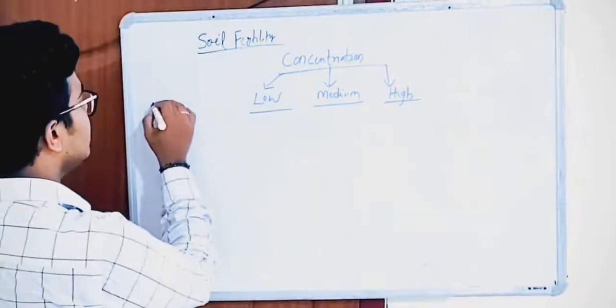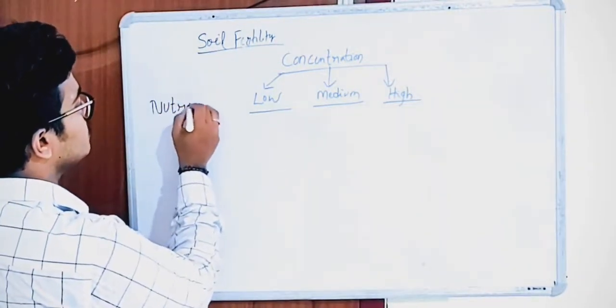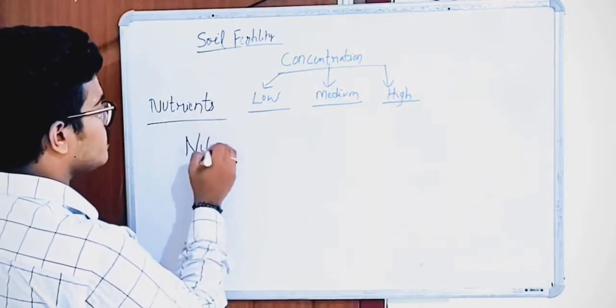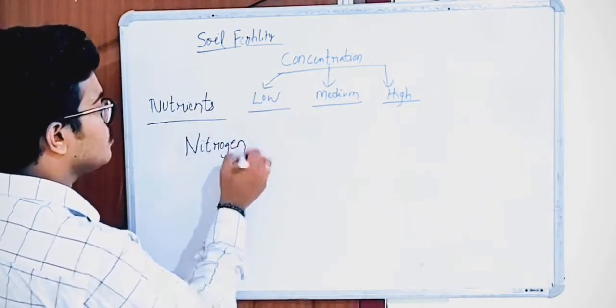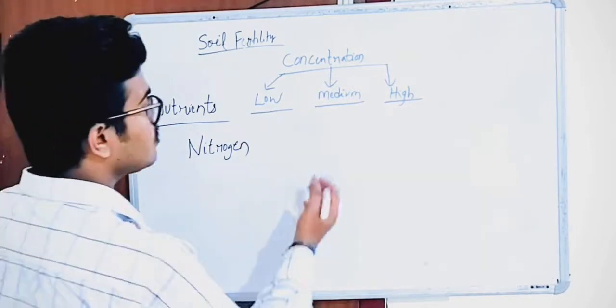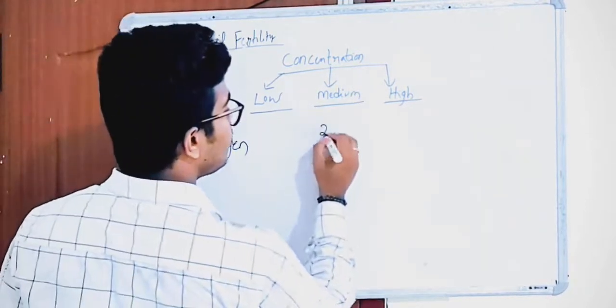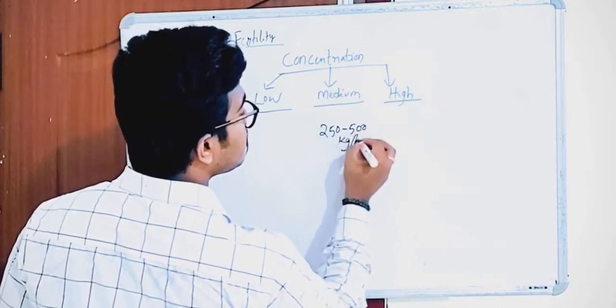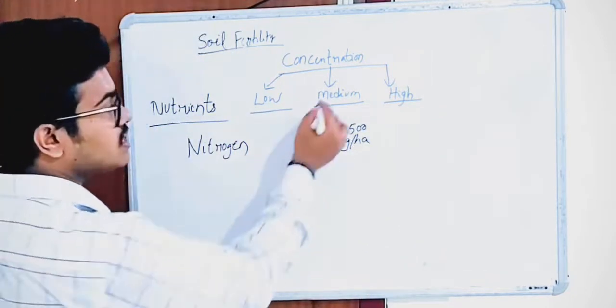Let us see the nutrients one by one, starting with nitrogen. The optimum amount of nitrogen should be 250 to 500 kgs per hectare, which is medium.